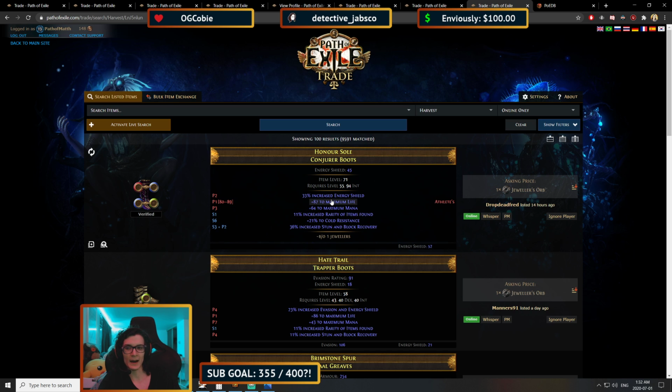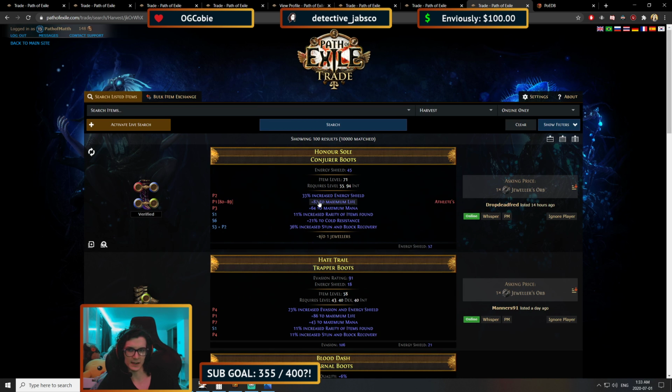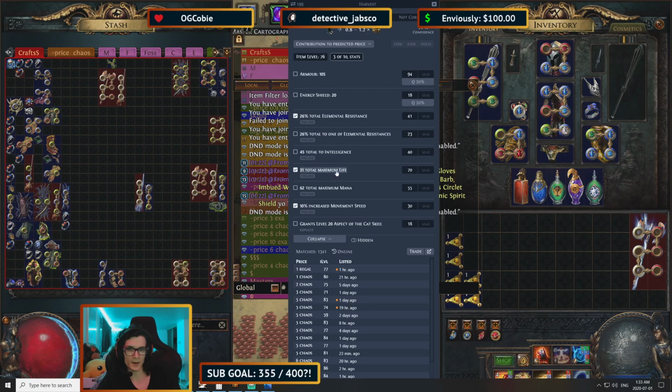So this is where I would actually use the lowest number of that given tier. So here, the lowest number is 80, because the tier ranges from 80 to 89. So if I was to price check boots like these, I would go ahead and put 80 life instead of 86. The tool will do this automatically for you.